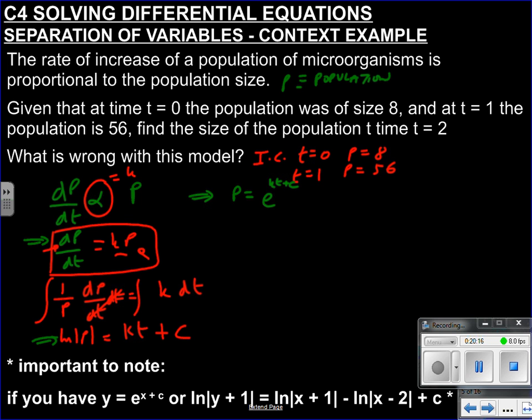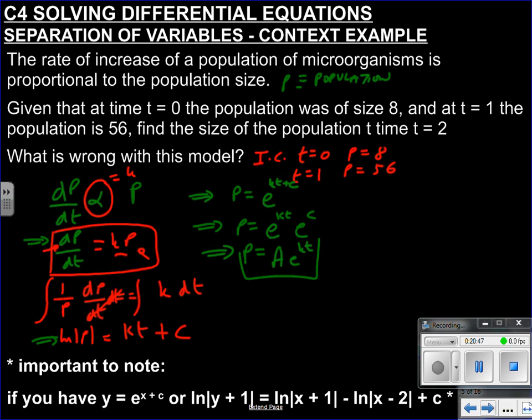Remember, e all of the left or e all of the right. Now, let's think about this e to the kt plus c. That's the same as e to the kt times e to the c, isn't it, from our log rules, from our indice rules. Now, c is a constant, e is a constant, and therefore e to the c is still a constant.